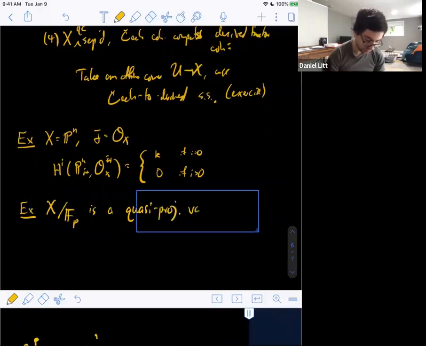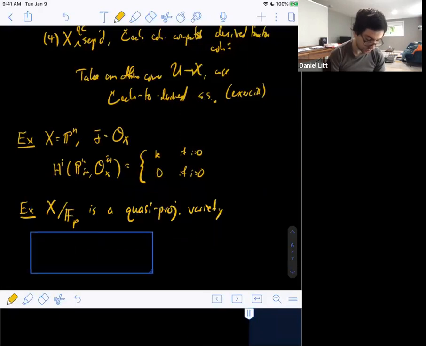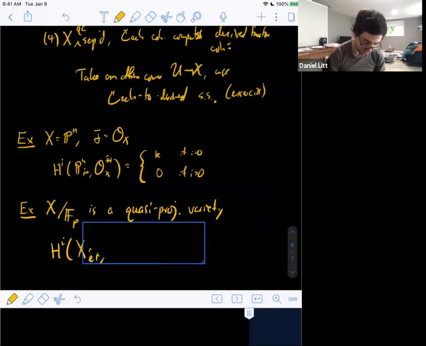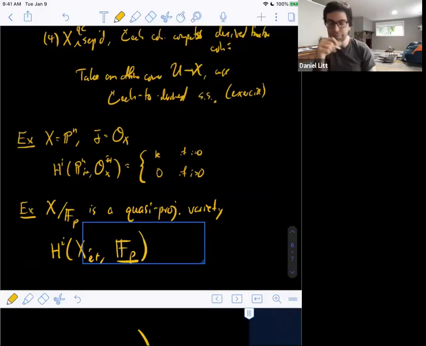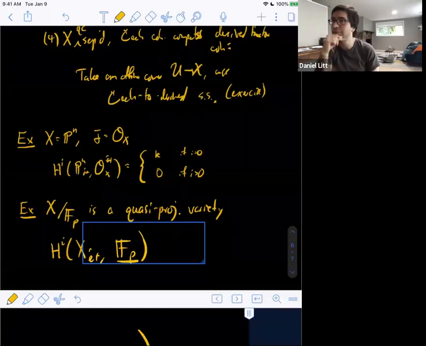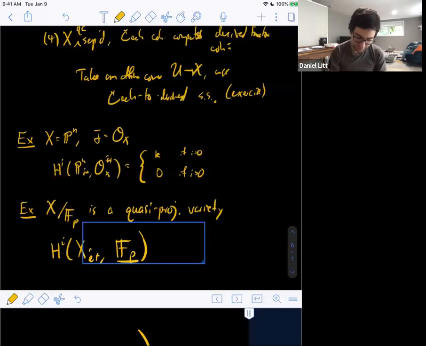So I want to write down the étale cohomology of the constant sheaf F_p. This is something that people sort of rarely do, and we'll see why in a second. We'll see it's not so well behaved necessarily, but I claim this is something we can now compute given what we've done. So can anyone tell me how they might get at this?